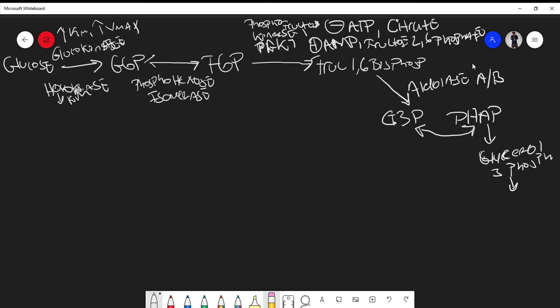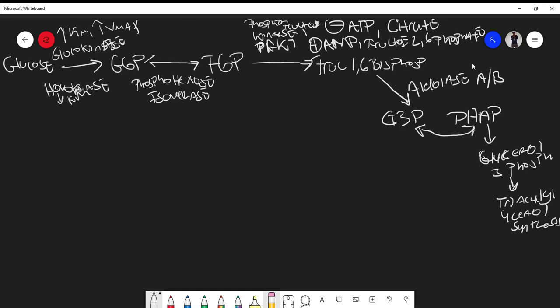And glycerol 3-phosphate eventually leads to triacylglycerol synthesis, right? But most of the dihydroxyacetone phosphate gets converted back to G3P in order to continue the cycle.